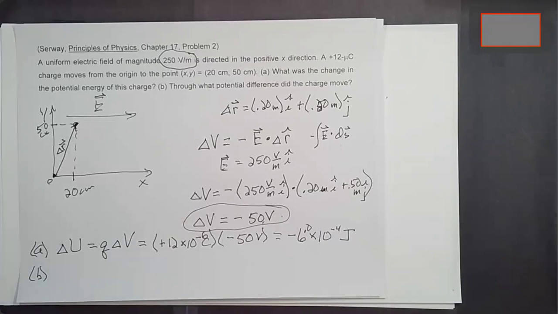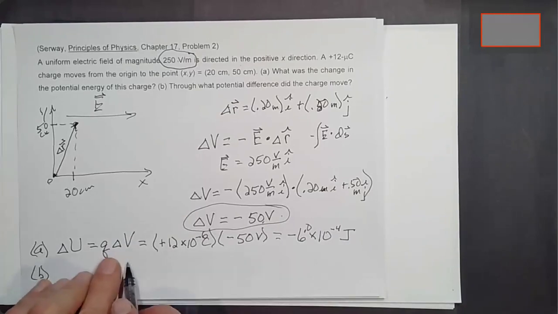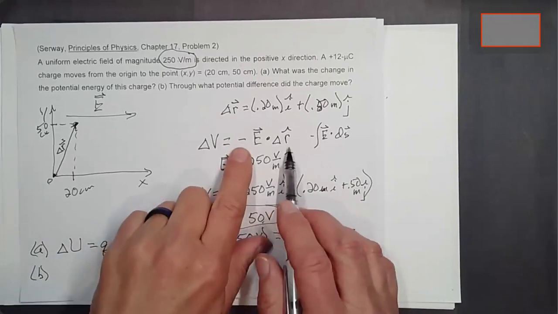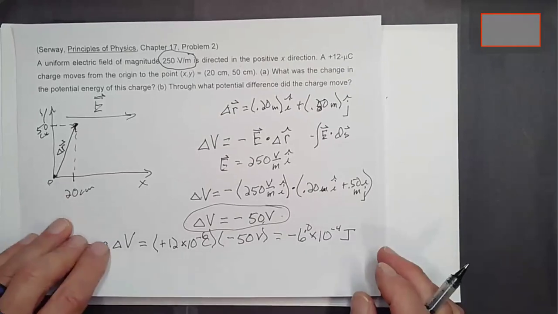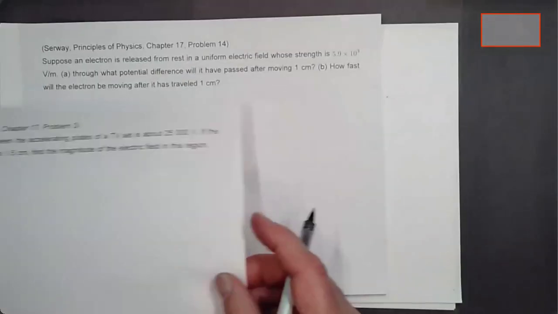Although I guess you could do delta U equaling Q delta V, and for delta V have minus E dot delta R. Could have done that first. So we have that.